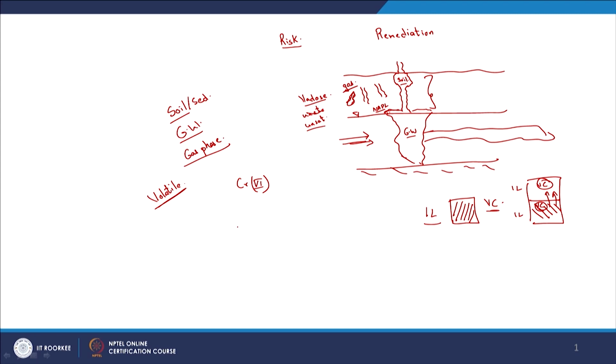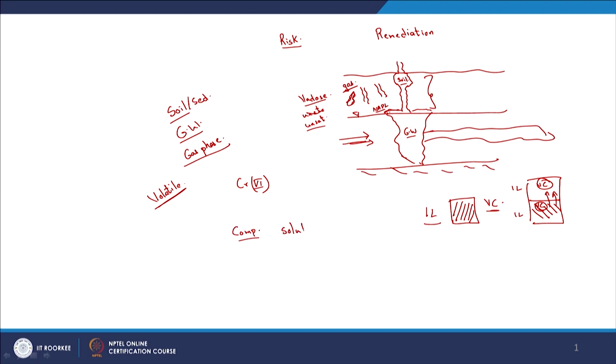So, now we are going to look at how we address this particular case. By remediation, probably not here, at least it is a gaseous phase. So, how do we go about it? What did we do when we had a compound that was highly soluble?